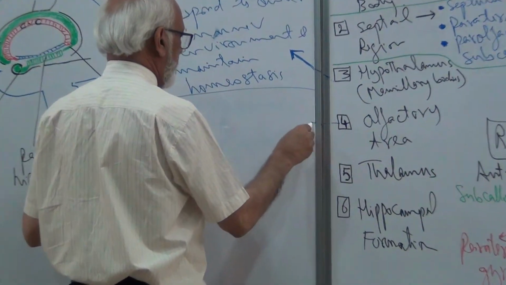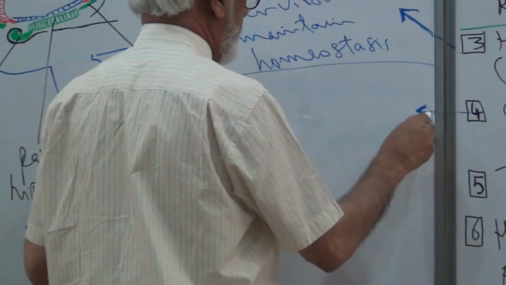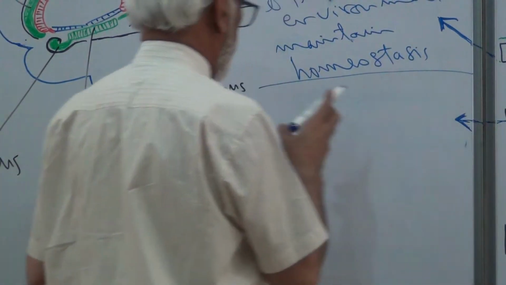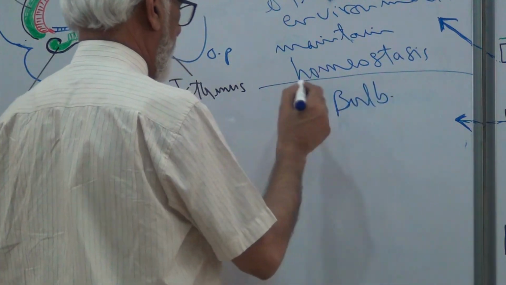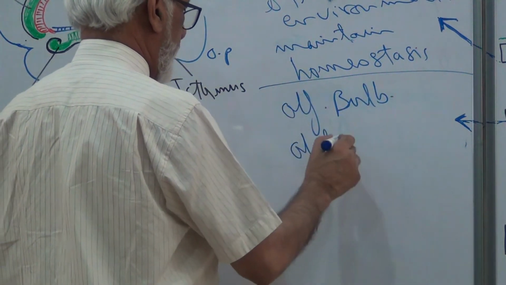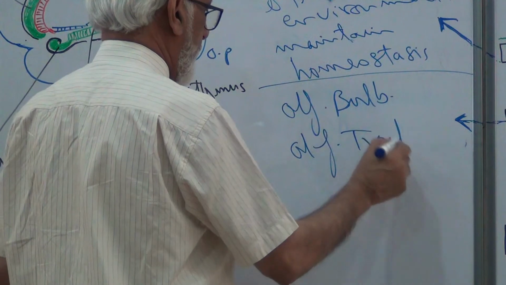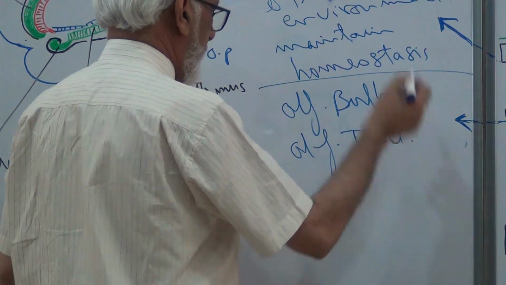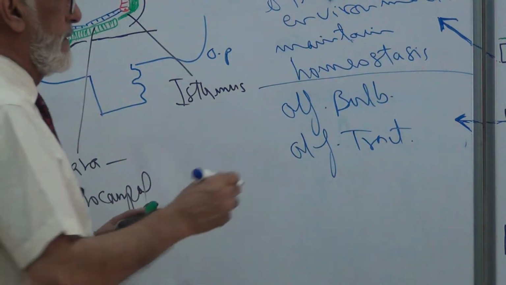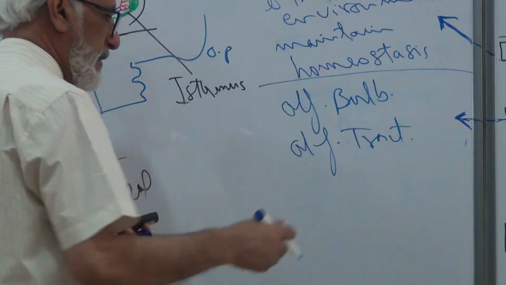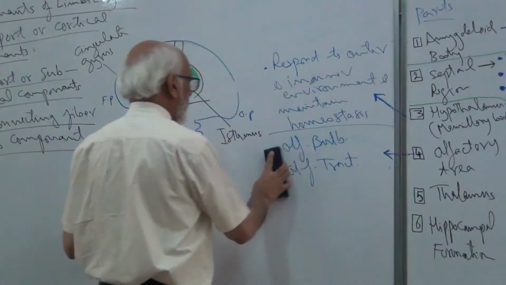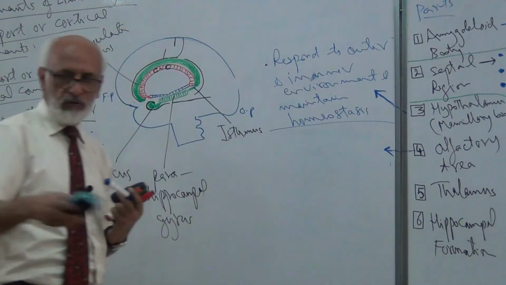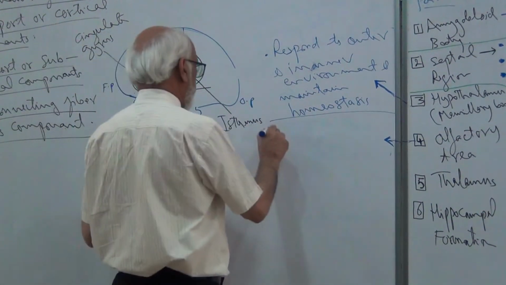The olfactory area comprises the olfactory bulb, olfactory tract, and other components. All these parts of the brain which are associated with the sense of smell are known as rhinencephalon or smell brain.